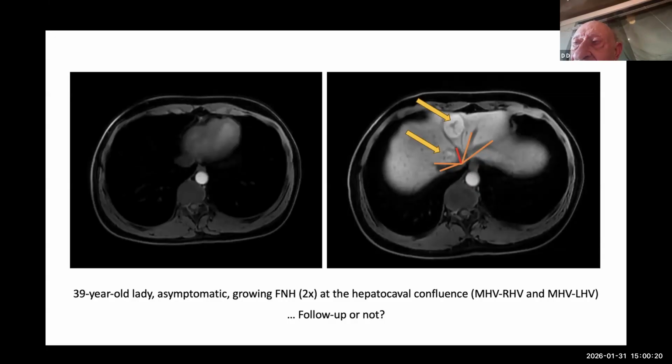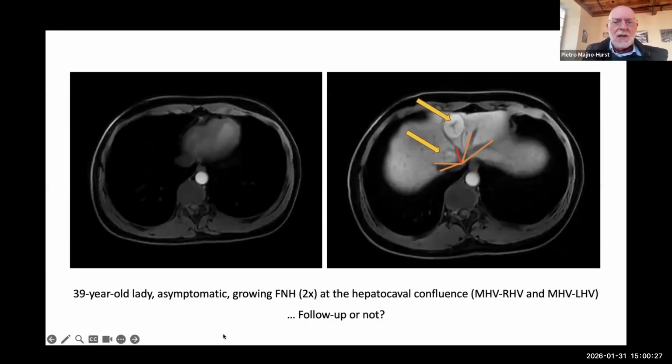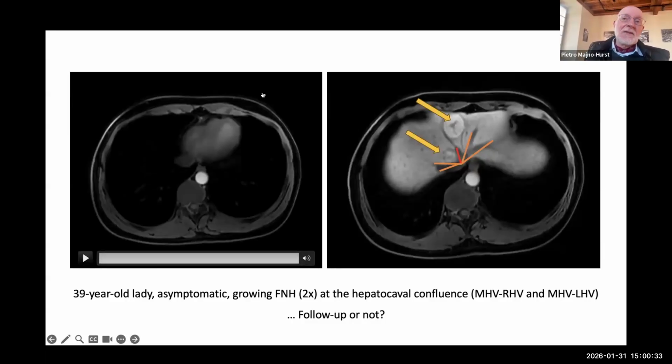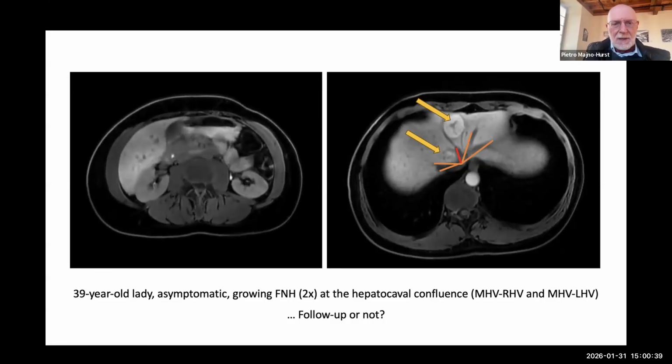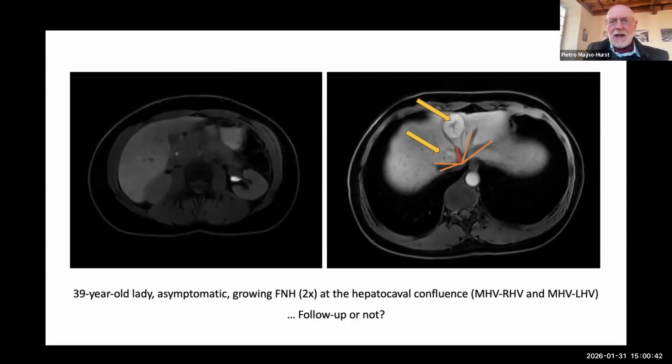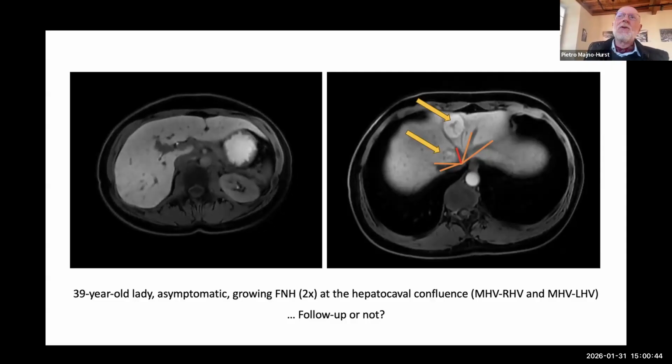They say 100%. And I agree, because this is one of the services we render to society, because otherwise patients with FNH continue to have MRIs in case it's not an FNH. And in some patients, we cannot make the diagnosis, but in other patients, we say 100% and no follow-up.